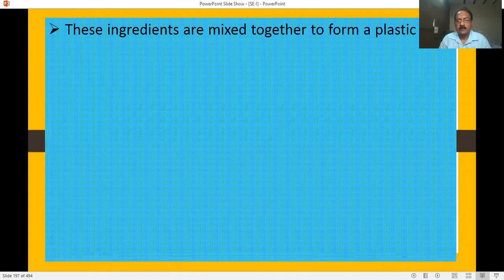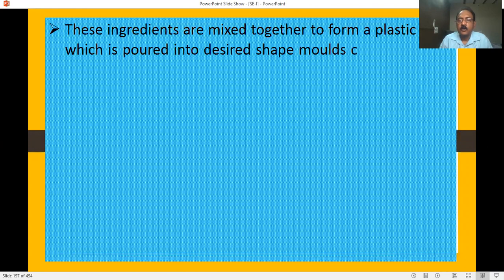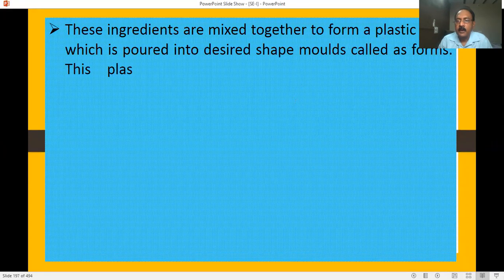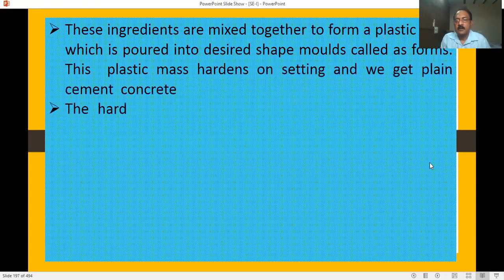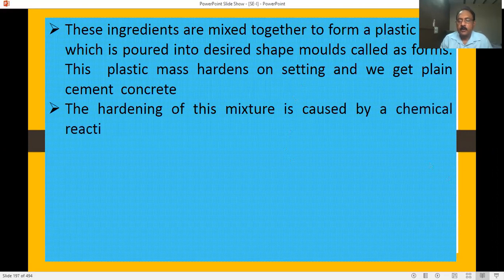See, these ingredients are mixed together to form a plastic mass, which is poured into the desired shape.